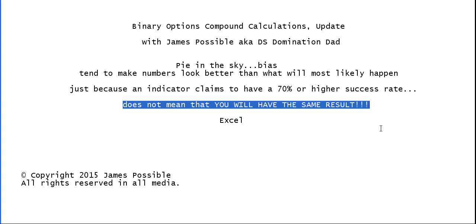This happens for many reasons. One is we're not always as objective as we think we are when we're using the indicator. And a particular trader might have a bias trading a given indicator, and as a result of that, produce a different level of wins than somebody else.